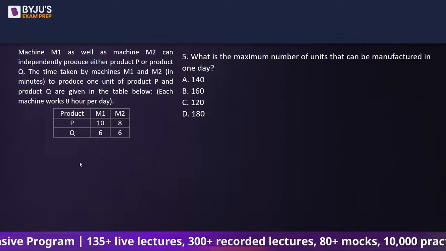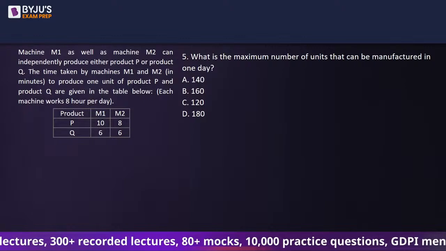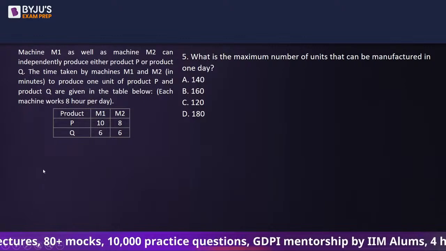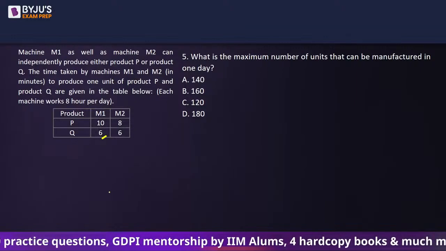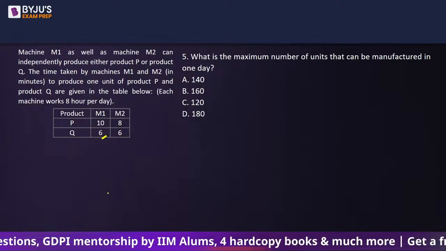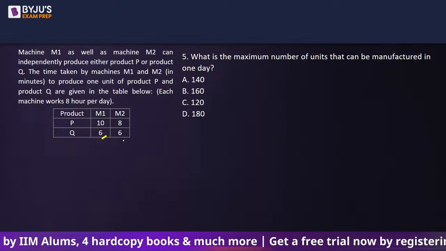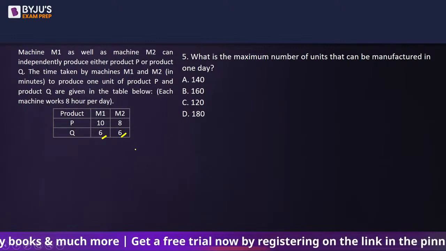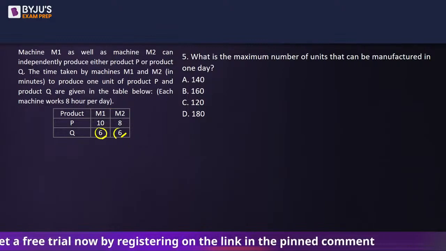So if you look at the duration which the machines take to produce, with the number of minutes that the machines take to produce units, the lowest is going to be 6, right? 6 minutes. So 6 minutes में they produce 1. So this is the lowest duration.